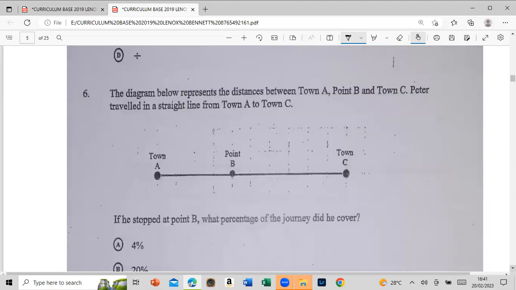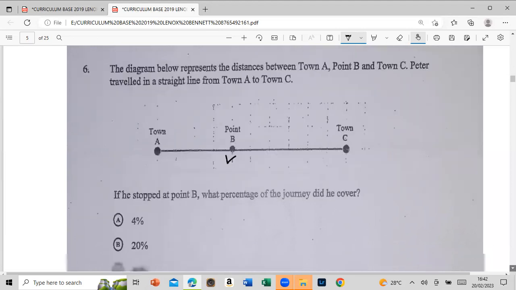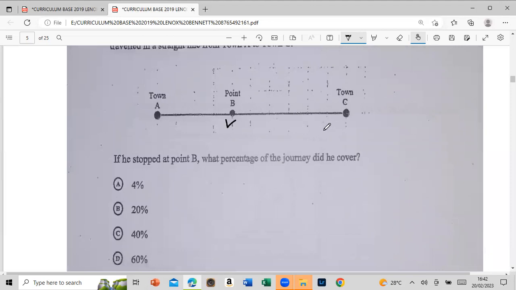It says the diagram below represents the distance from town A, point B, town C, and P to travel in a straight line from town A to town C. If you stop at point B, which is right here, of the journey, what did he cover? So basically, we can see it's almost a half, but it's not a half.